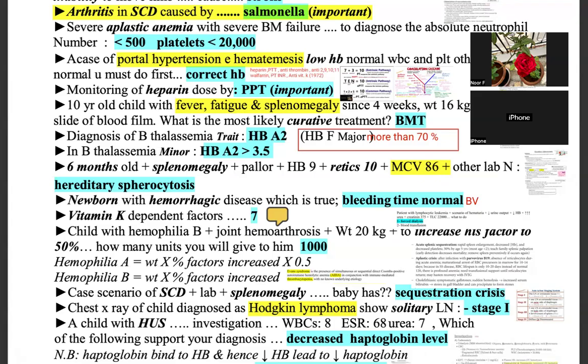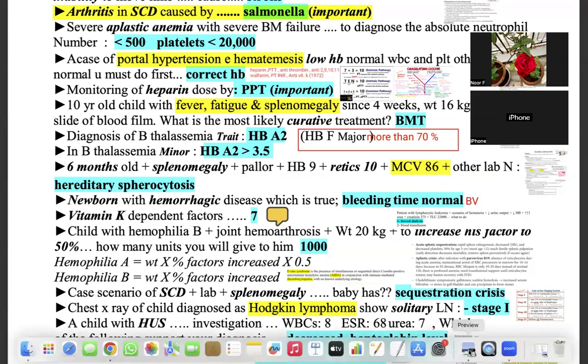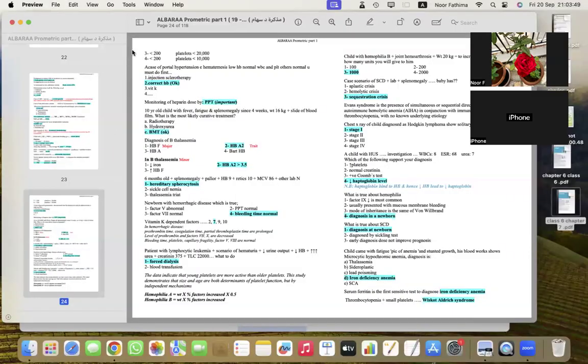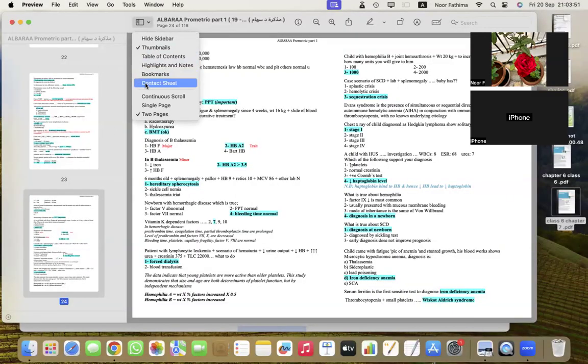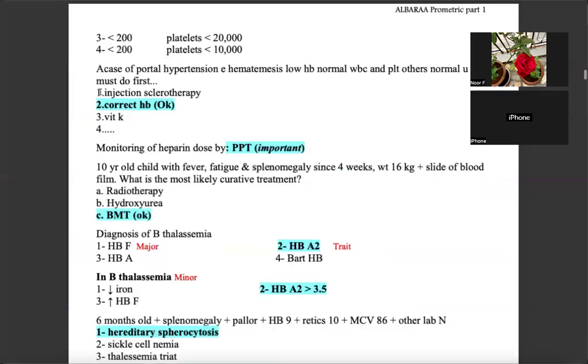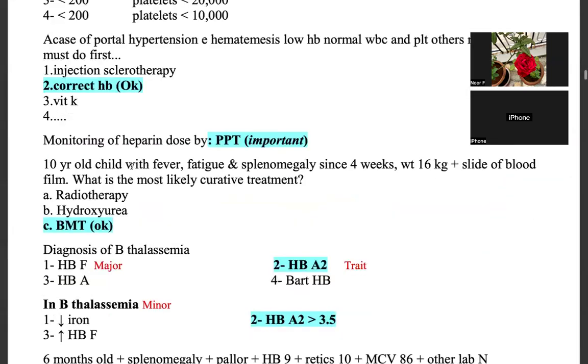Here he has given the answer hereditary spherocytosis, but the other options for this question are thalassemia, diagnosed by CBC by MCH, and features like iron deficiency, not MCV.